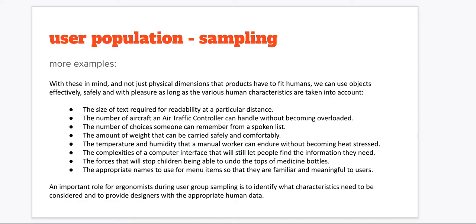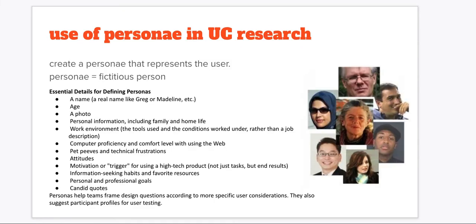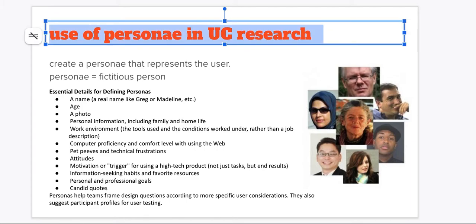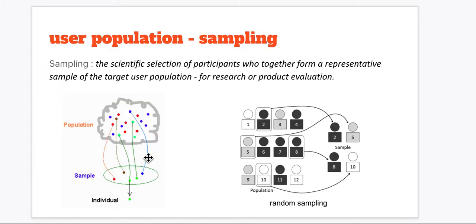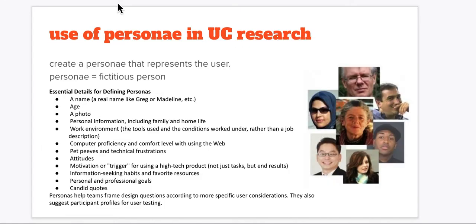Okay, so here are some more examples. Ergonomics, we'll talk a little bit about that later, but these are more examples of things you can use for sampling. Actually, this one is specific to persona. If sampling is all of those different people, then we go down to the individual. If you can find a kind of fake person that represents your population or your sample, it's called a persona.